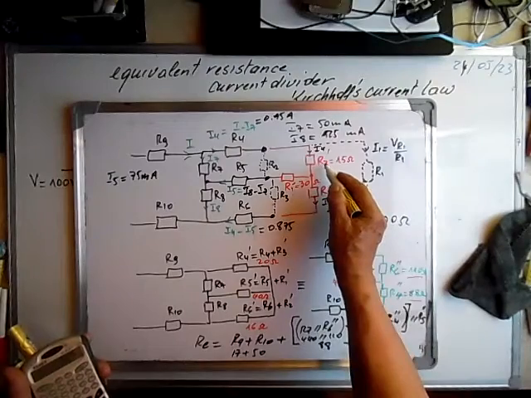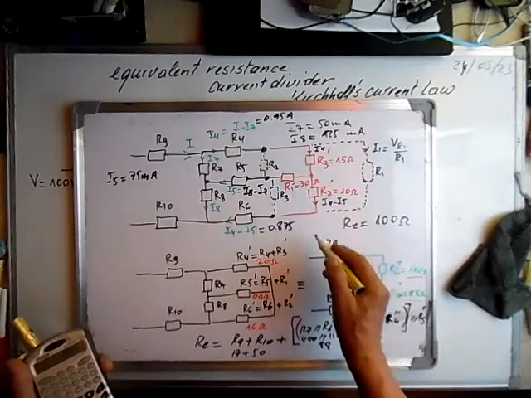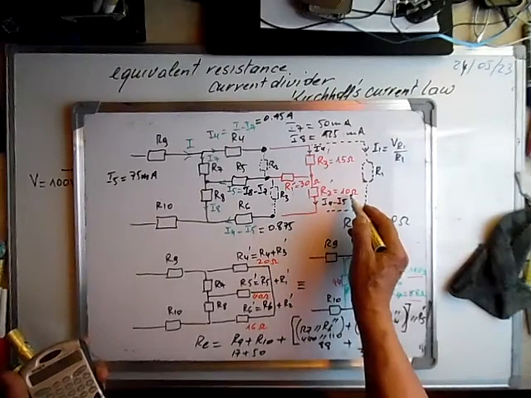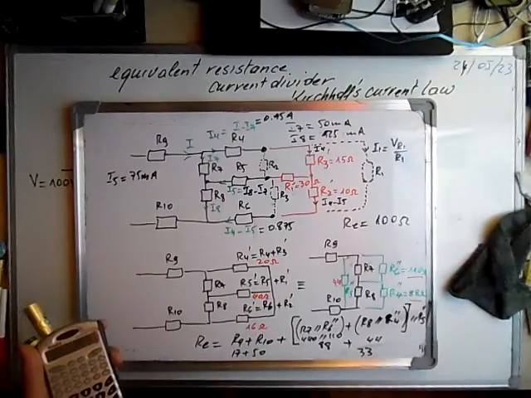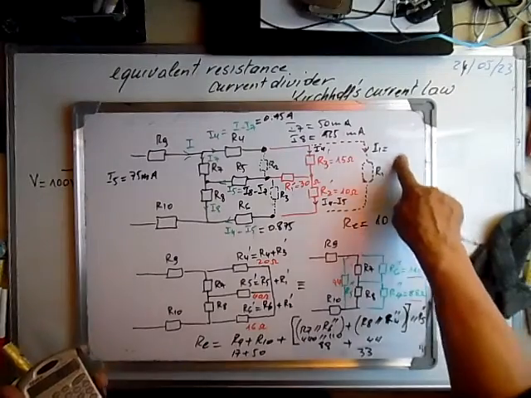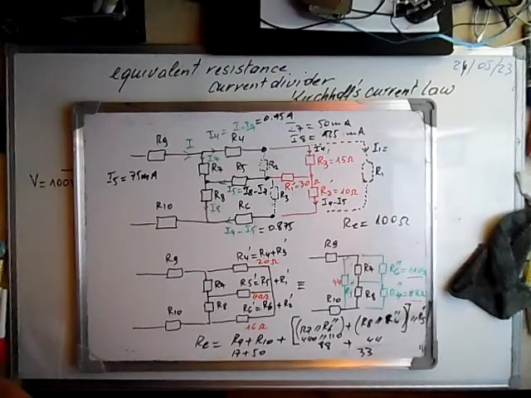So it's R3 prime times this current, which is 0.95, plus the drop here, which is 10 times 0.875, divided by 30 will give us a current of I1. Did I calculate it? I1. You see, I have to do it again.